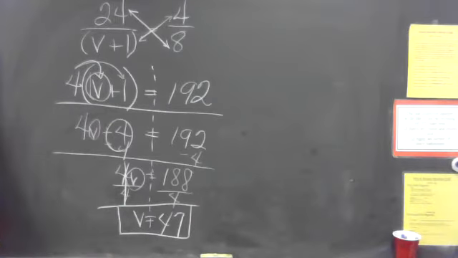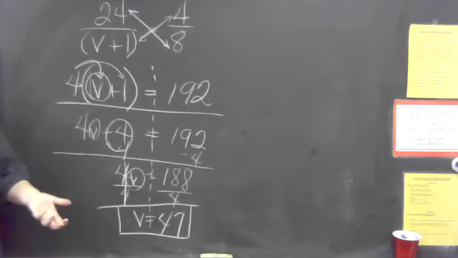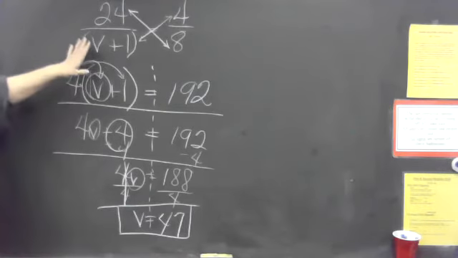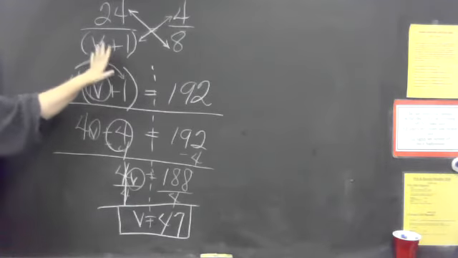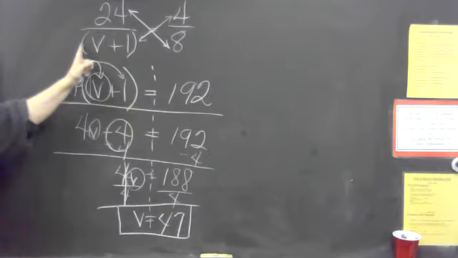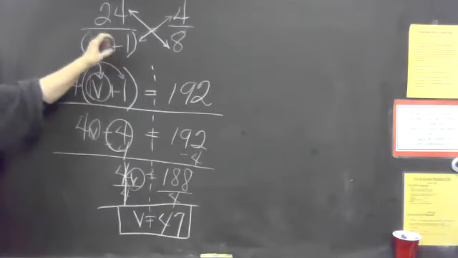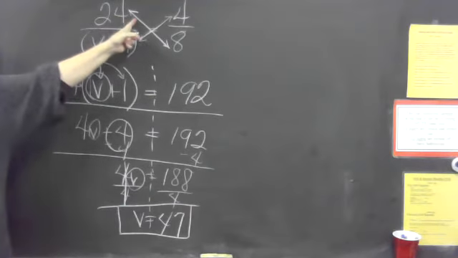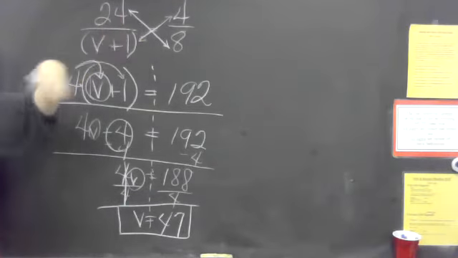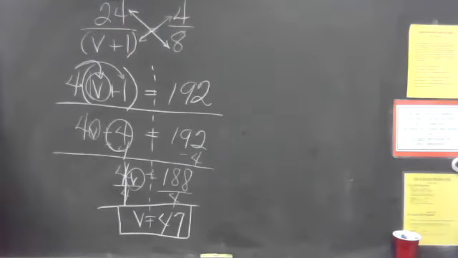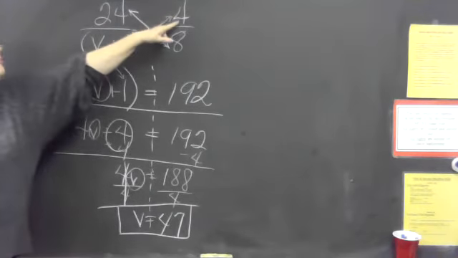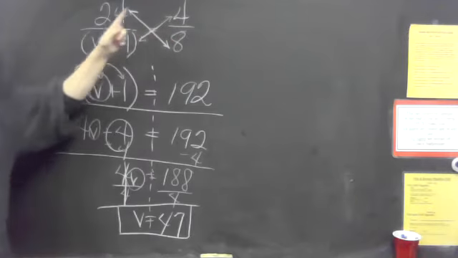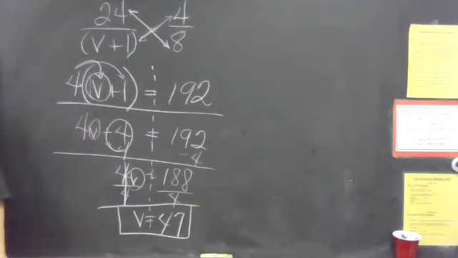So the main part of this page is it looks like you have extra things, but you can have a whole bunch of stuff on the bottom or a whole bunch of stuff on the top. Just put it in parentheses because it's a set, okay? And we treat it as a set when we multiply. You put the multiplier out front of the set and use the distributive property.